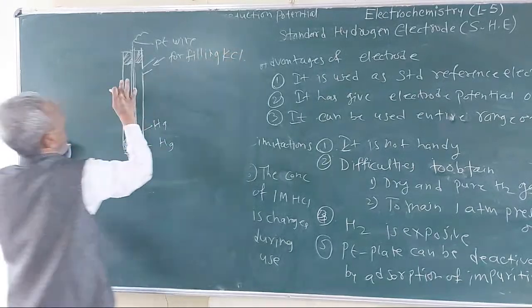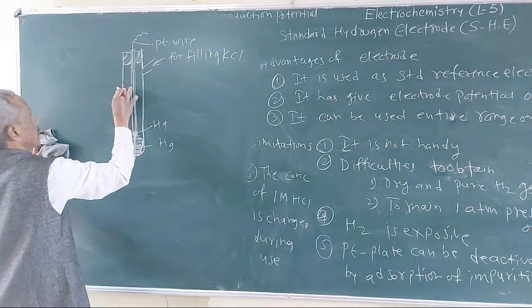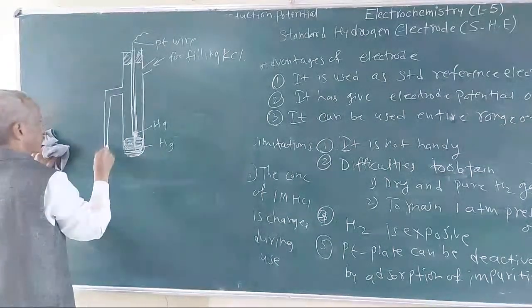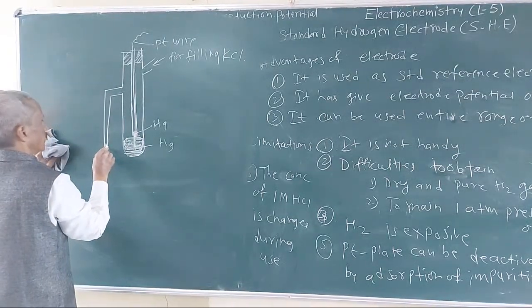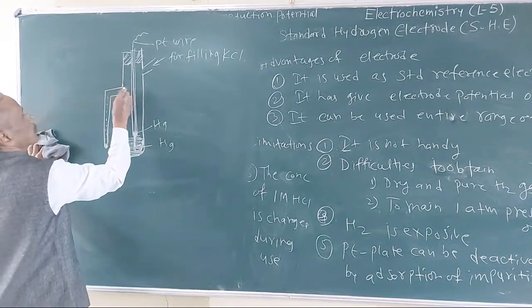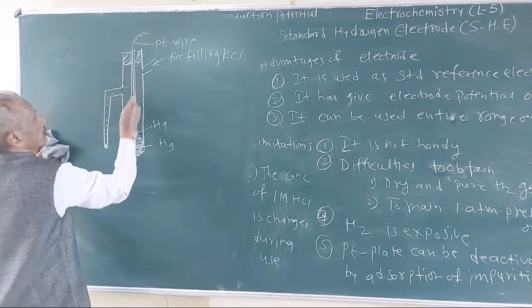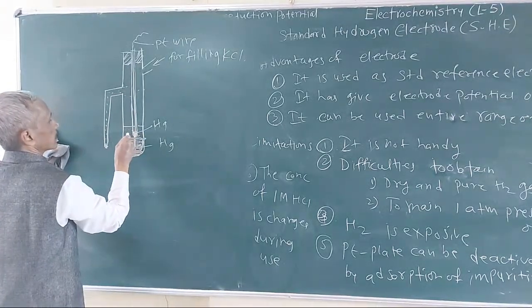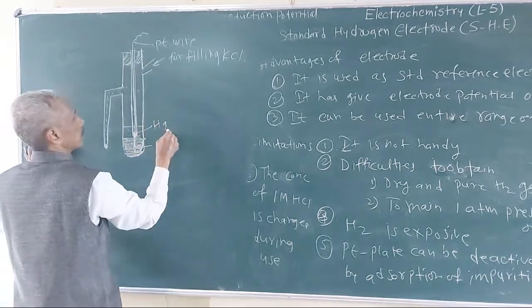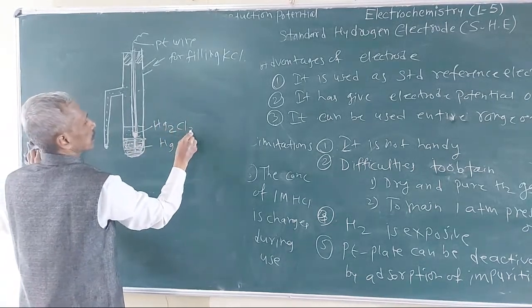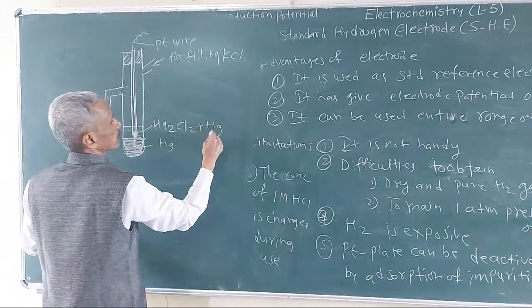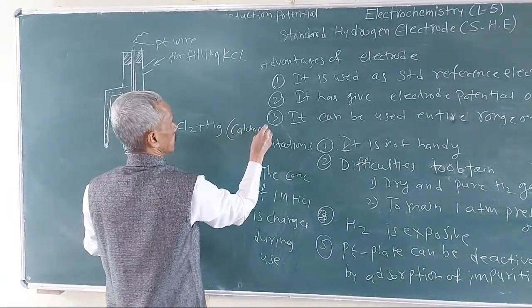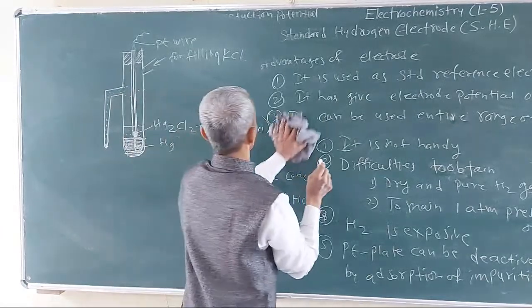And there is again a side arm tube where there is a solution of KCl, and here there is Hg2Cl2 plus Hg, what is called calomel paste.